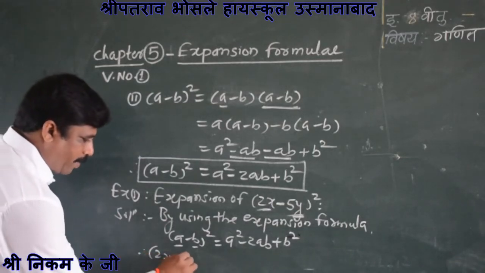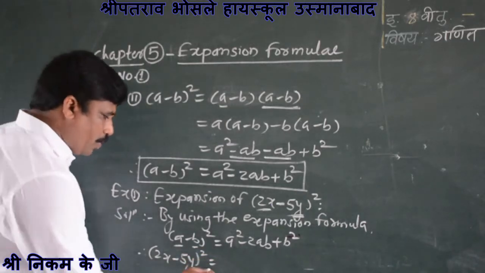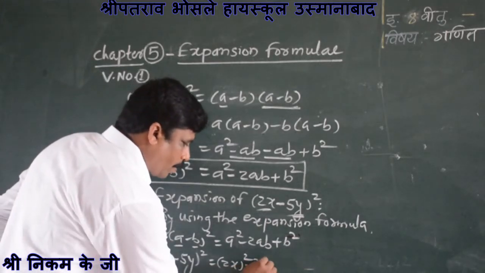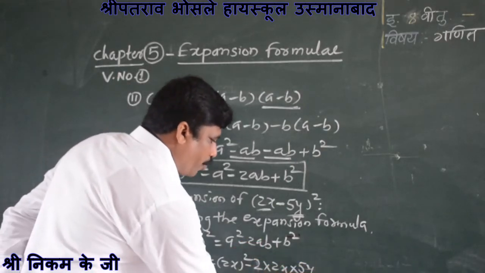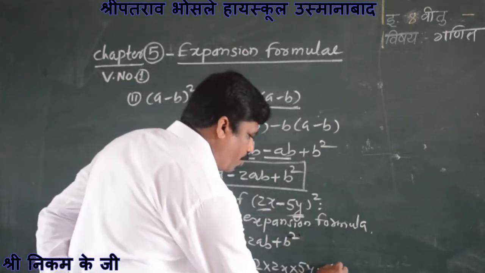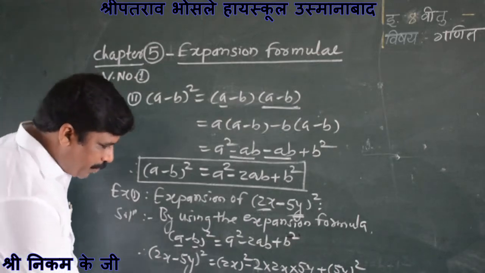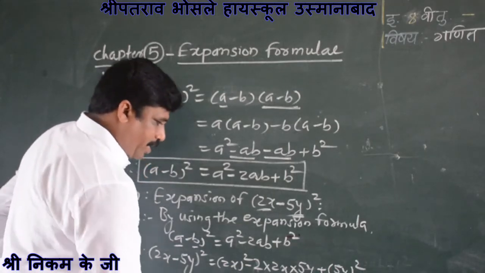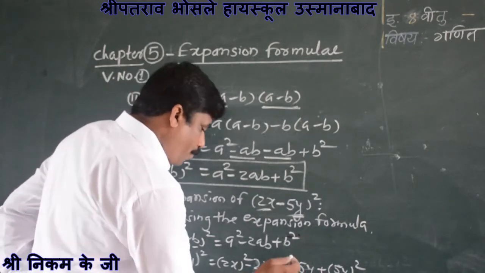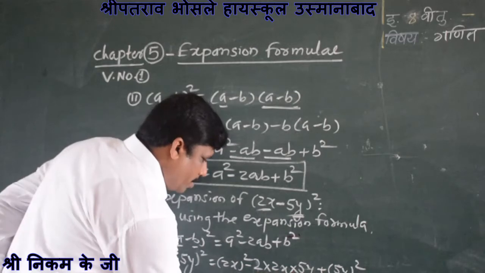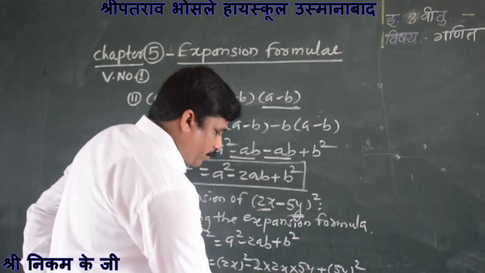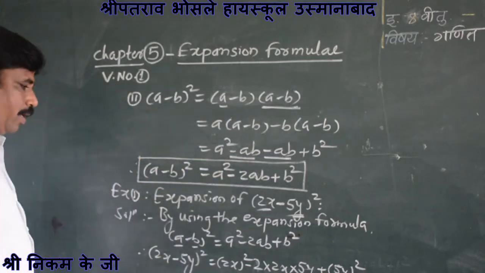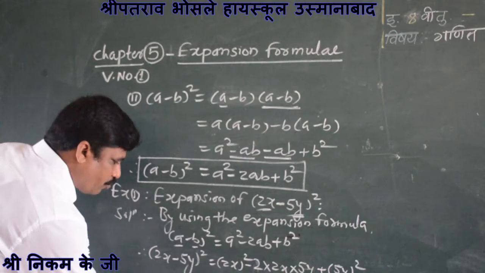Therefore (2x minus 5y) square is equal to (2x) square minus 2 into 2x into 5y plus (5y) square, which is equal to 4x square, square of 2 is 4, square of x is x square, minus 2 into 2 is 4, 4 into 5 is 20, x into y is xy, minus 20xy plus square of 5 is 25, square of y is y square, is the expansion of (2x minus 5y) square.